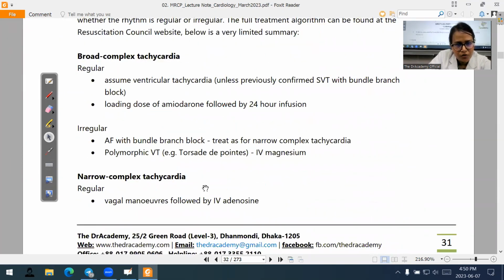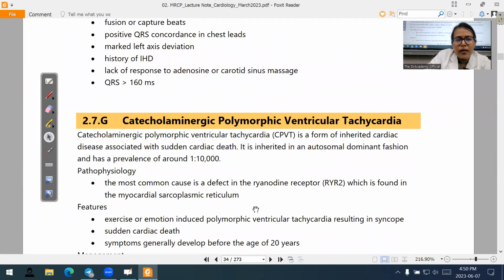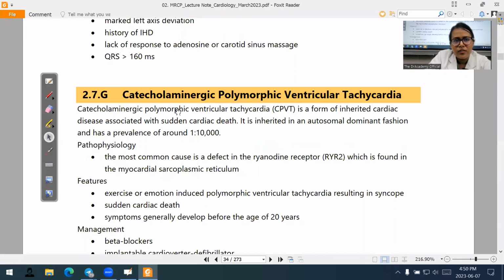Peri-arrest situation, okay, fine. I've discussed that. In the lecture book, there are some additional, slightly rare, kind of unimportant, but for exam purposes, there are some tachycardias that have been discussed. For example, this one, catecholaminergic polymorphic ventricular tachycardia, the CPVT.